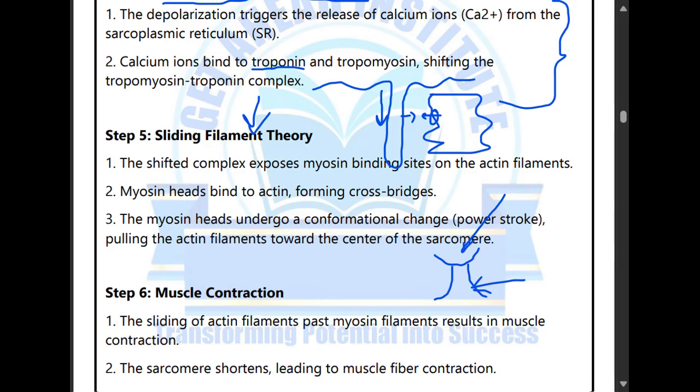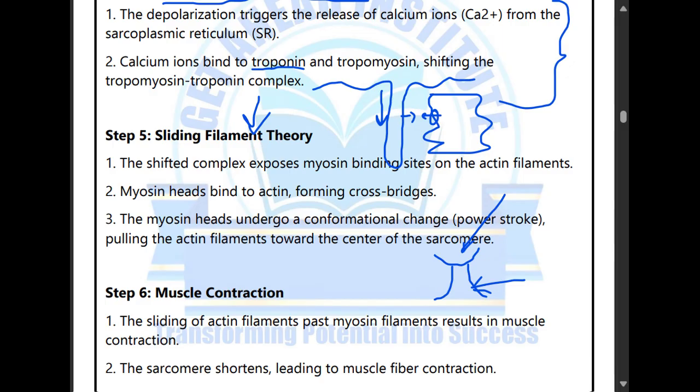Filament theory. Slide over one another towards the what? The M line. That's why I said you must know the sarcomere. Everything that I'm saying here is in line with the sarcomere. The goal of the sliding filament theory is to see that the two actin filaments actually overlap or slide over each other.